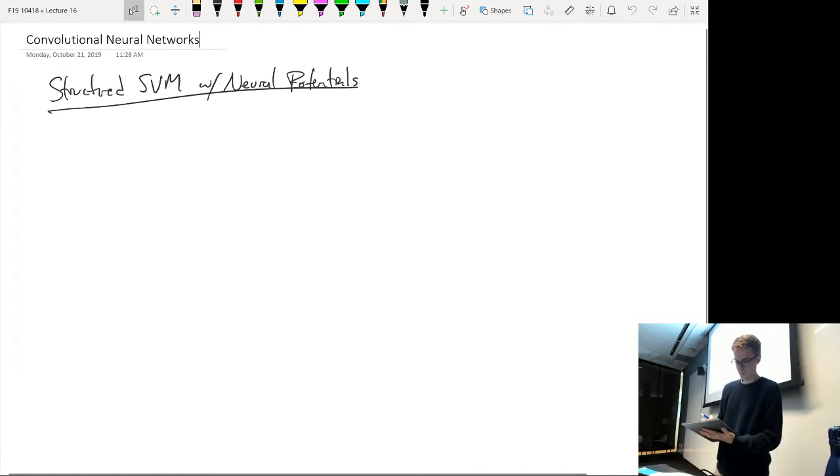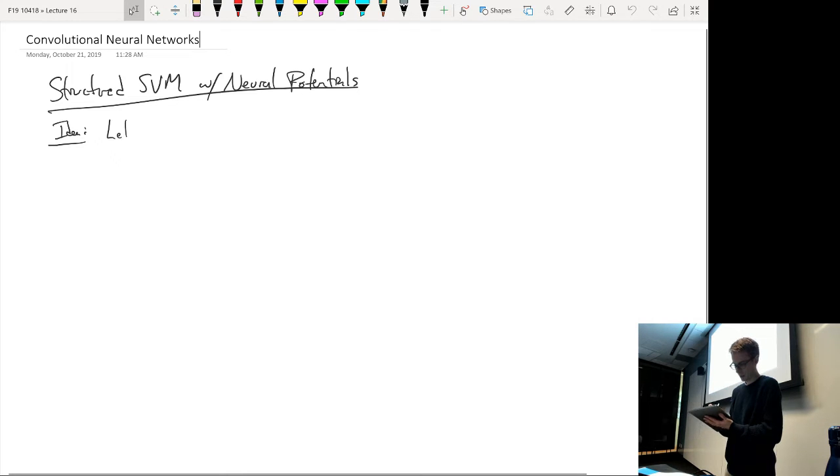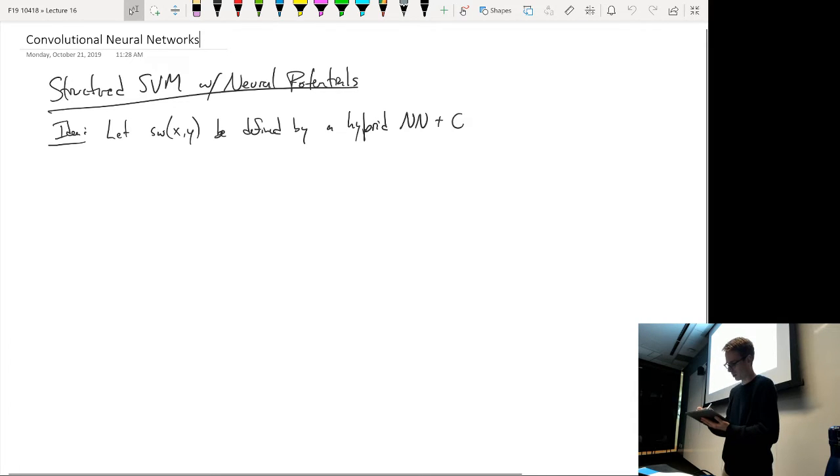So here, the idea would be that we're going to let the scoring function, s_w of x and y, be defined by a hybrid of a neural net plus a conditional random field.